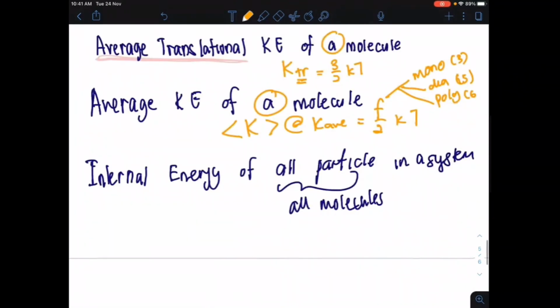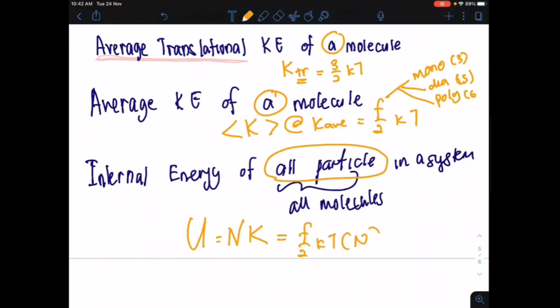Kalau dia minta internal energy of all particle, so U sama dengan N darab dengan kinetic energy, iaitu kinetic energy kita adalah F/2 kT darab dengan number of molecule.